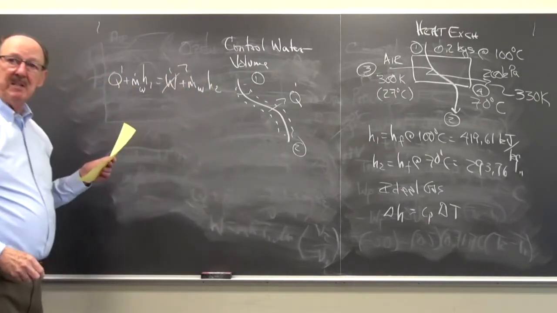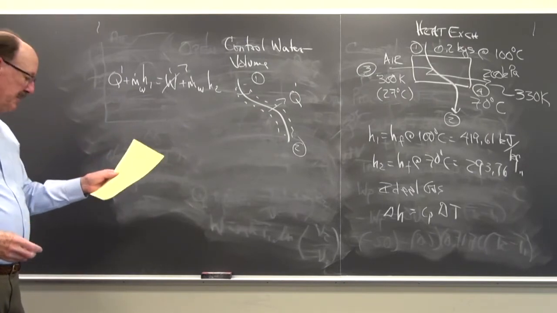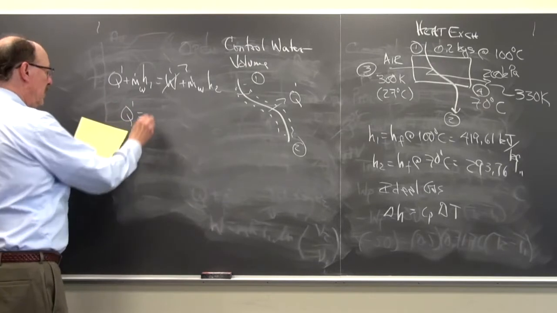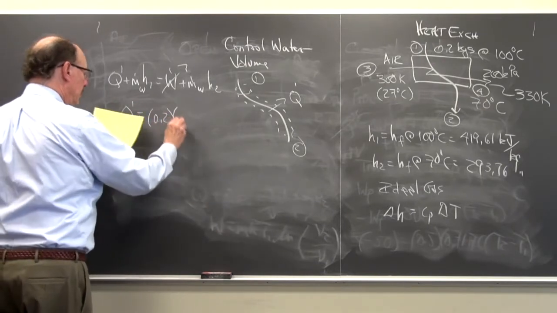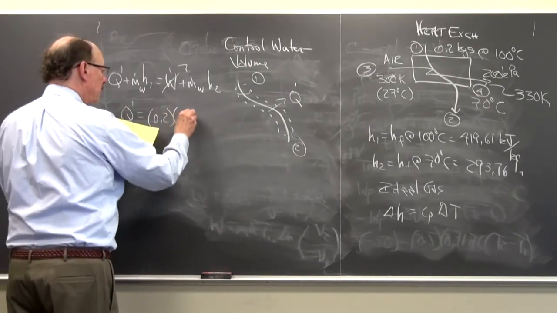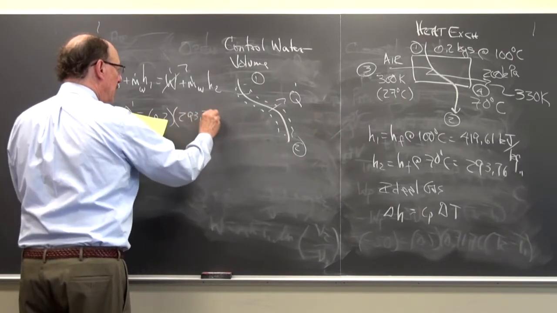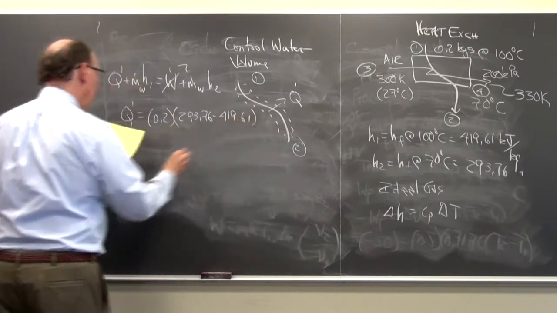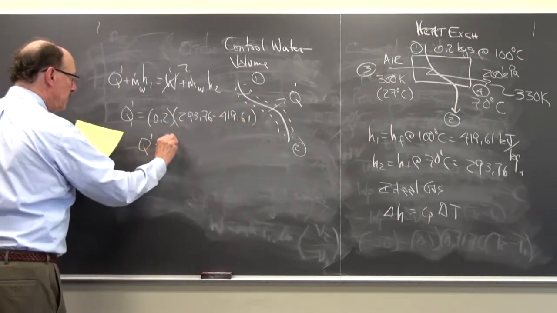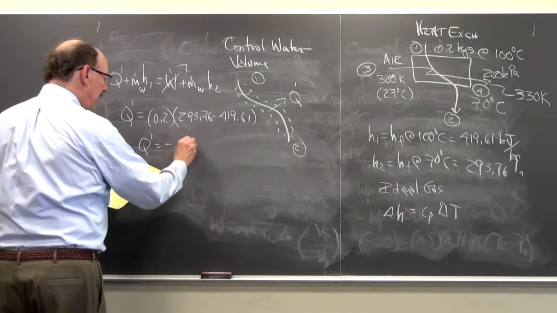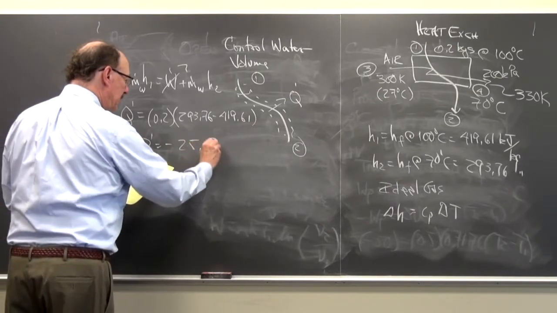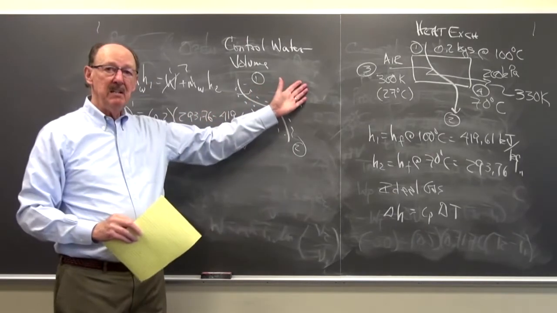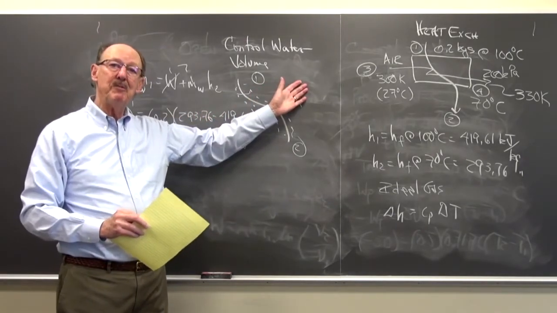There is no work being done because it's a constant pressure process, and I can solve that Q dot is equal to 0.2 times 293.76 minus 419.61, or I get that Q dot is equal to minus 25.17 kilowatts.